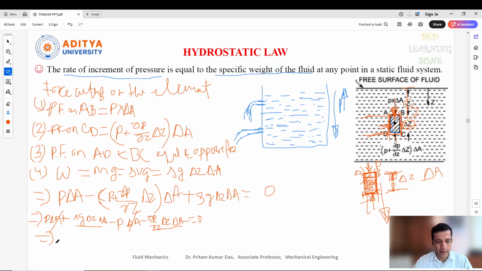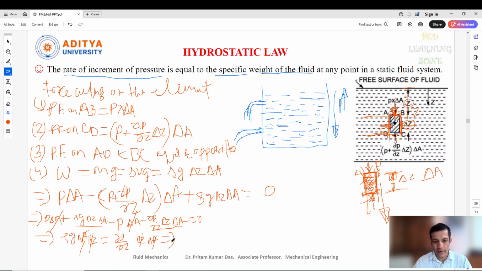Now you can write rho G delta A and delta Z equal to ∂P by ∂Z delta Z delta A. Okay, now this delta Z on both sides can be cancelled. So we can get rho G equal to ∂P by ∂Z.